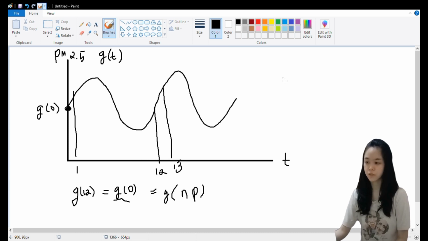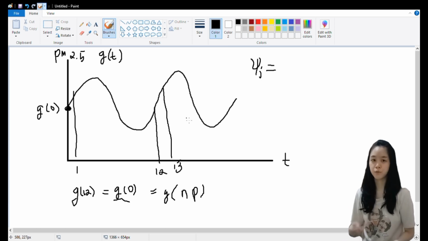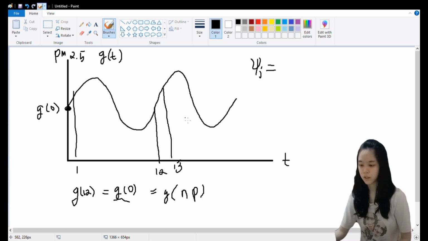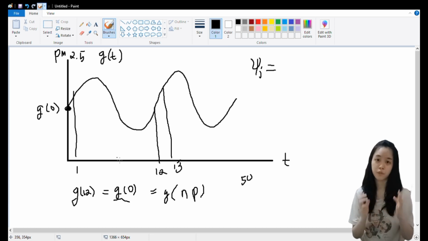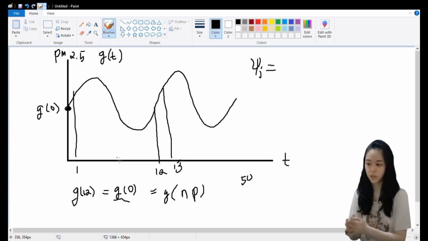We can have this vector of what we call a seasonal vector. So that if we ask what is G50, we can divide 50 by 12 and then take the remainder, which is 2. And we know that we need to take the index 2 from our vector to get G50.